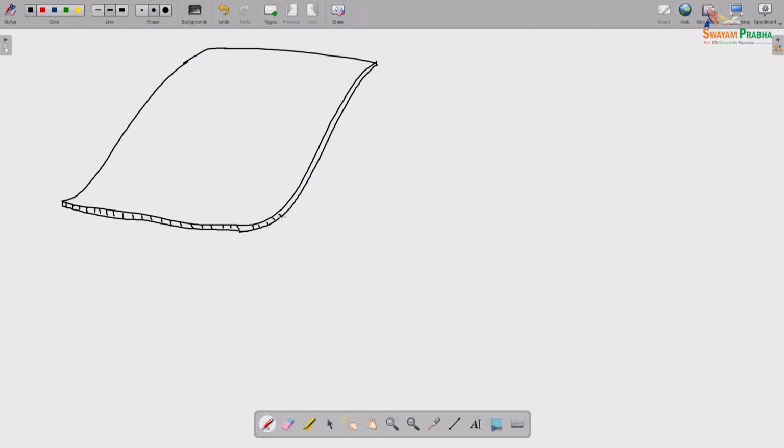Let's just say the shaded area is your boundary layer. So this is an arbitrarily curved surface, and this is actually S.